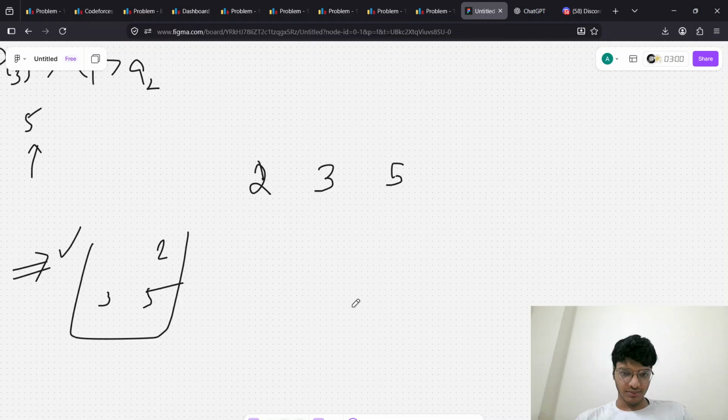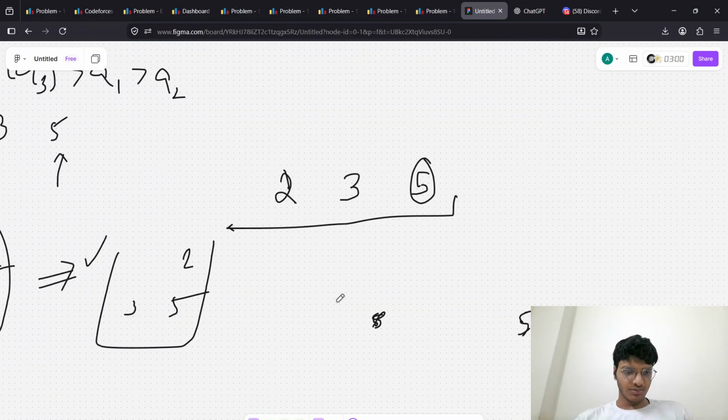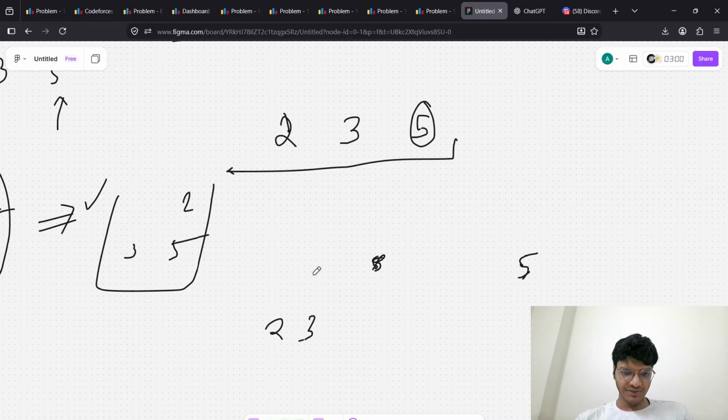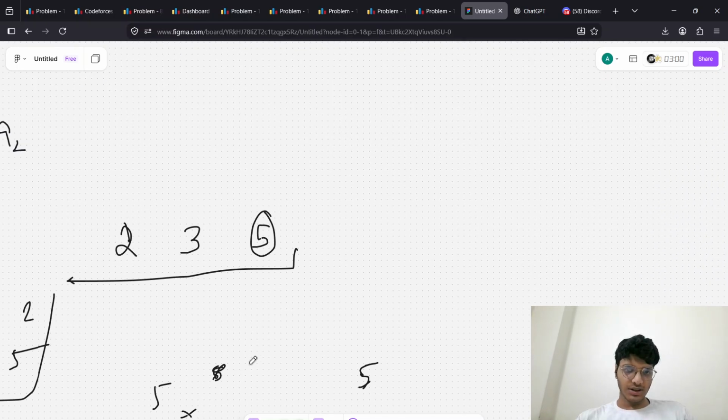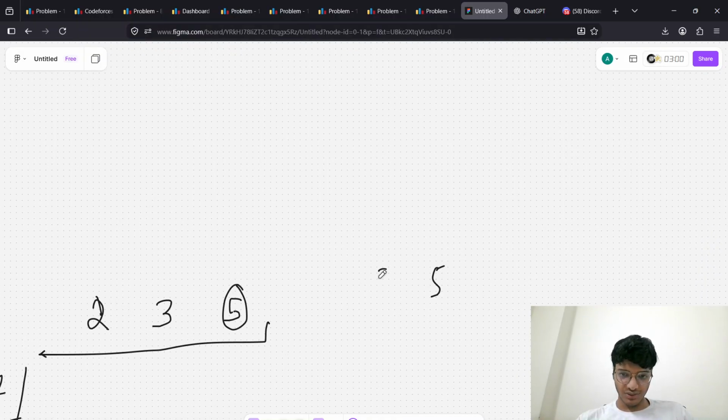Wait a second. What I was telling you is that we need to put these three bottles. The sorted way, 2, 3, 5, doesn't work at all, but we know that 5, 3, 2 works.